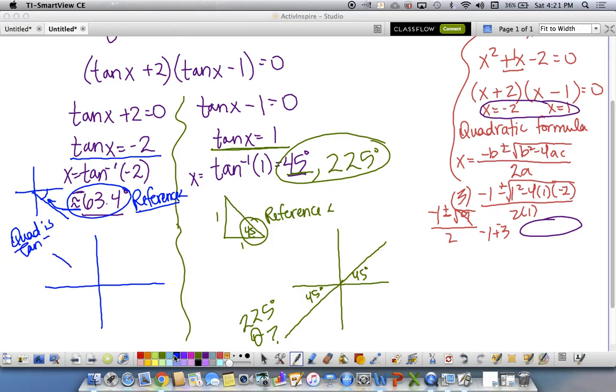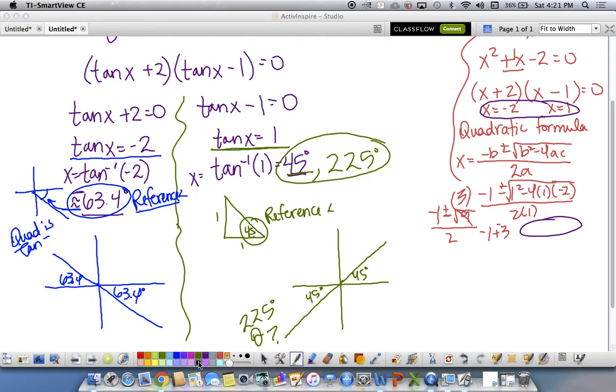Yep, you said it. It's in the second quadrant and the fourth quadrant. Okay, I need a reference angle of 63.4 degrees. The sad thing is, your plates don't help you out right now. You have to remember how to find a reference angle.